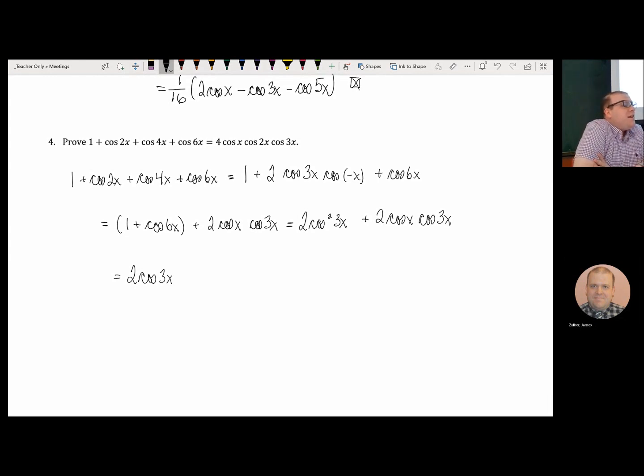We now have a 2 cosine 3x common. Factor it out. Left with cosine of 3x plus cosine of x. Use the sum to product identity again.